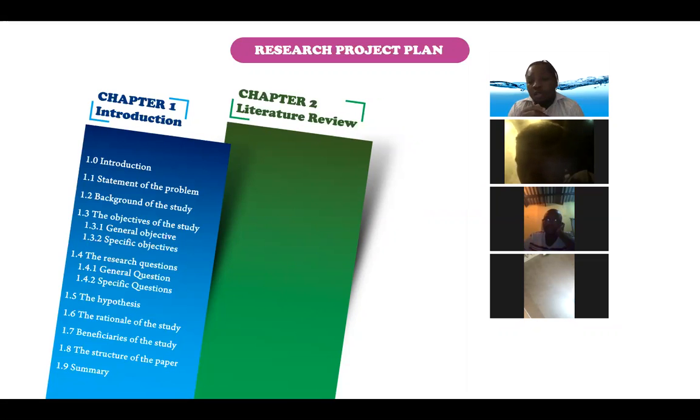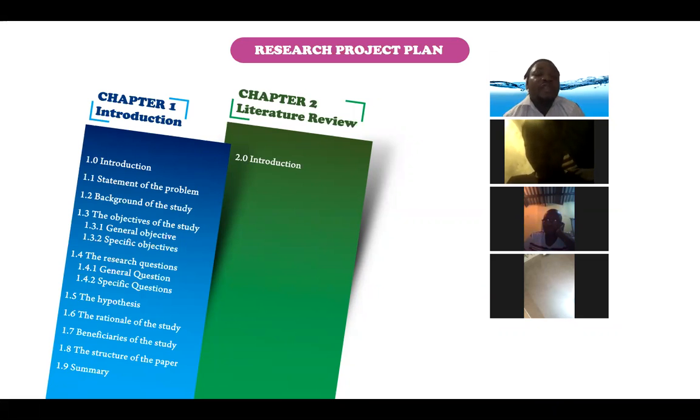And you also start with an introduction here, just like in chapter 1. So in this section, you have 2.0. 2.0 will be introduction. This is an introduction to a chapter called Literature Review.